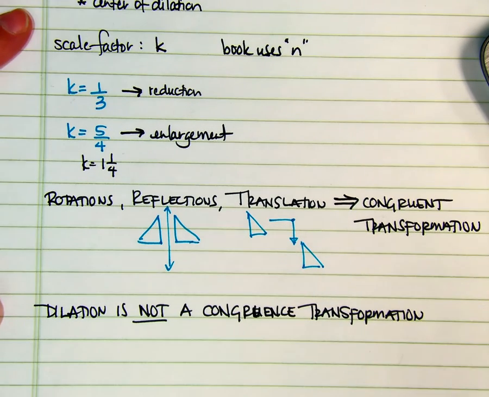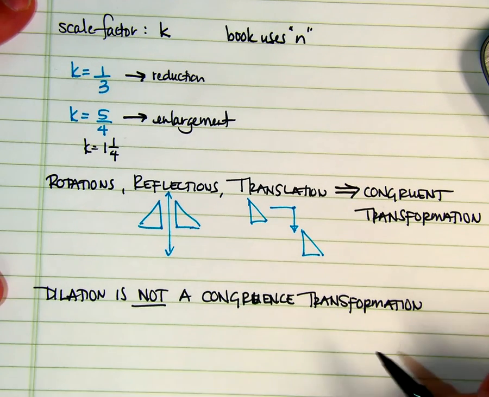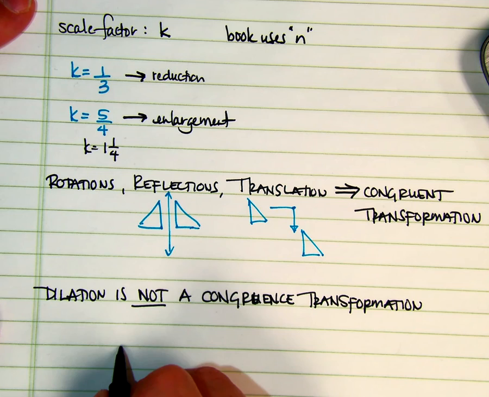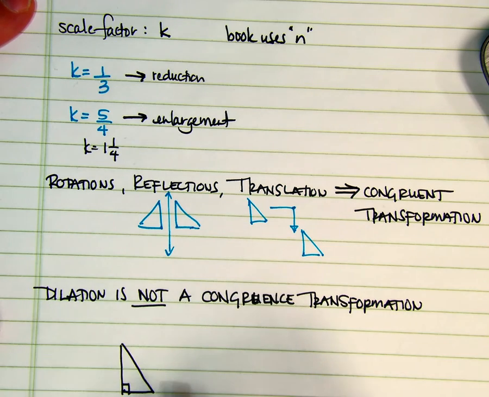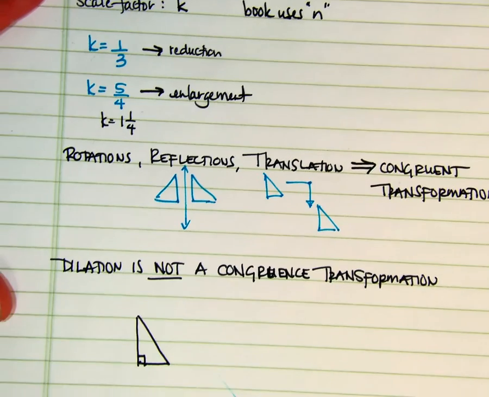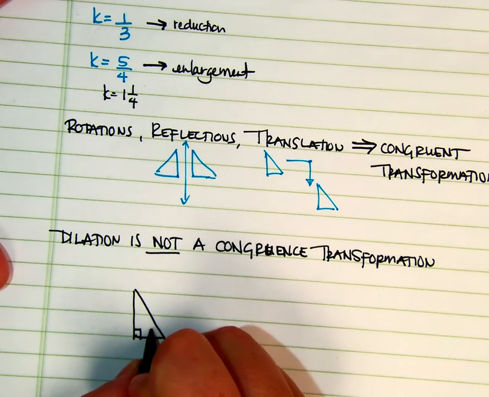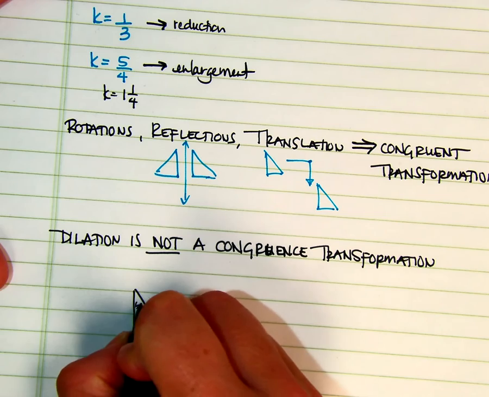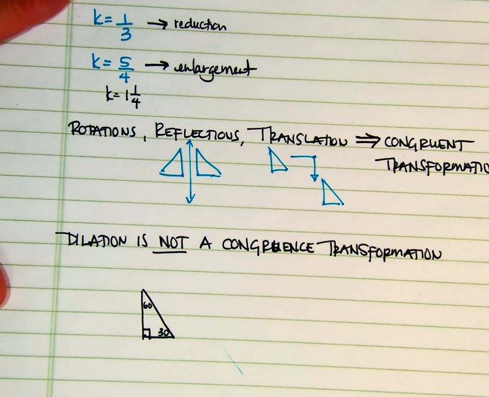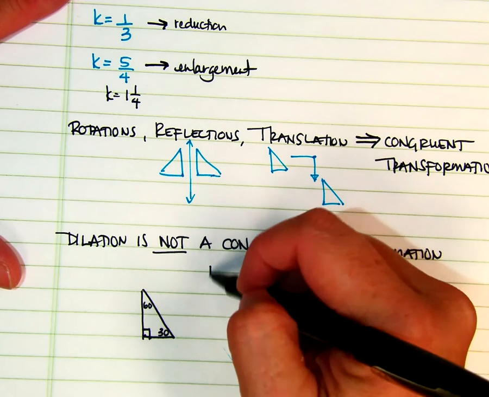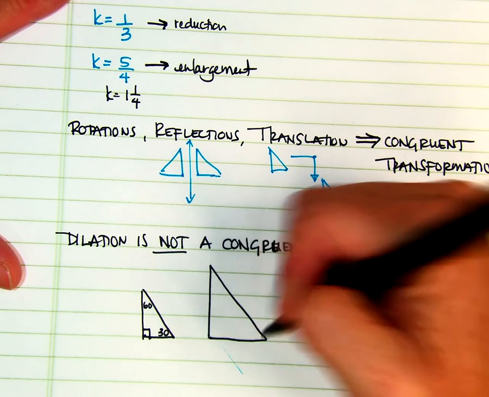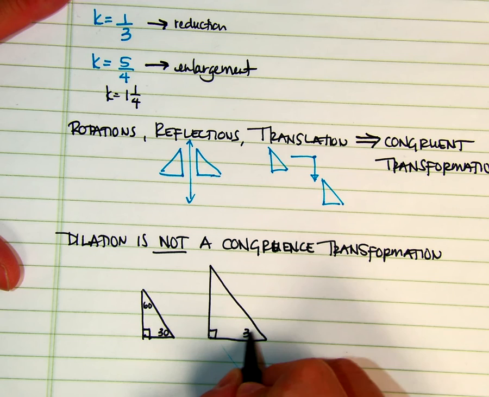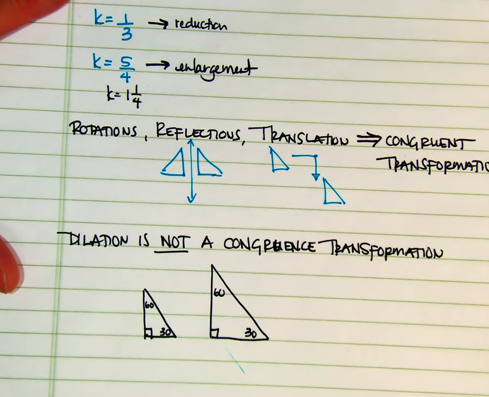What it does, though, is let's say we have a 30, 60, 90 triangle, and you quote unquote blow it up or enlarge it. It is still going to be a 30, 60, 90 triangle.